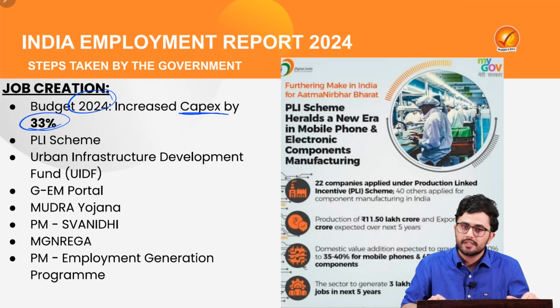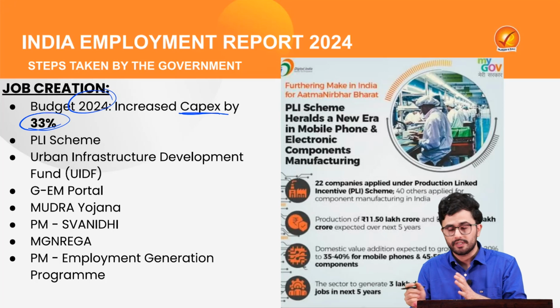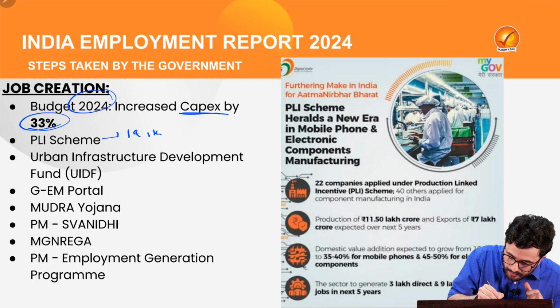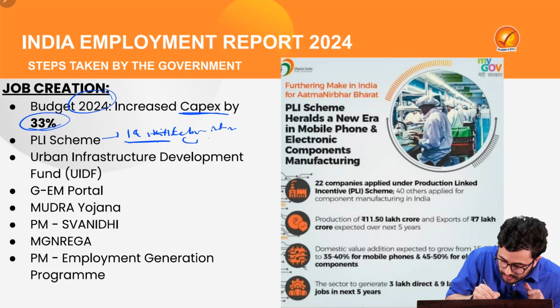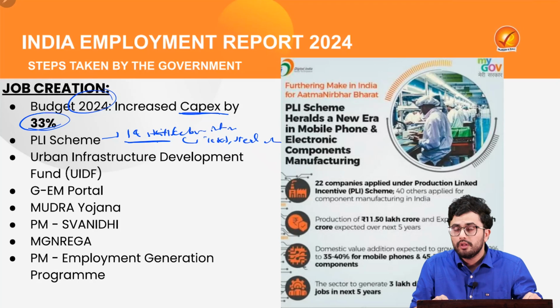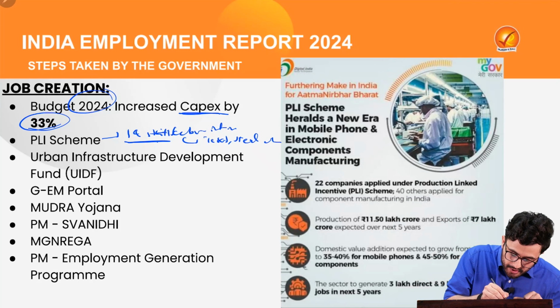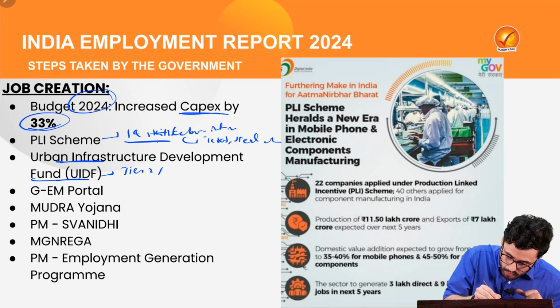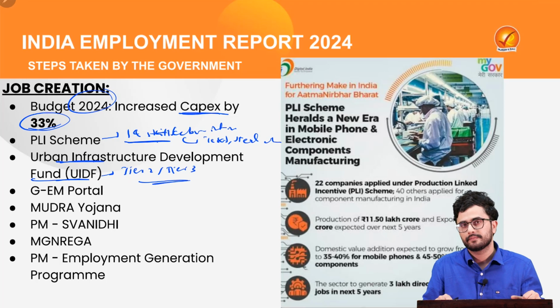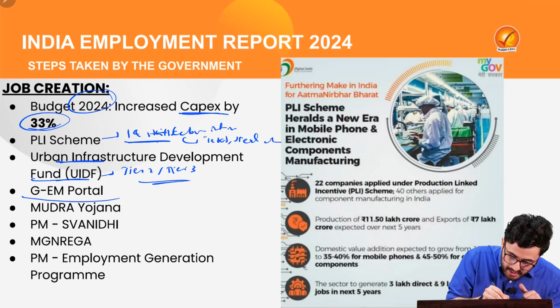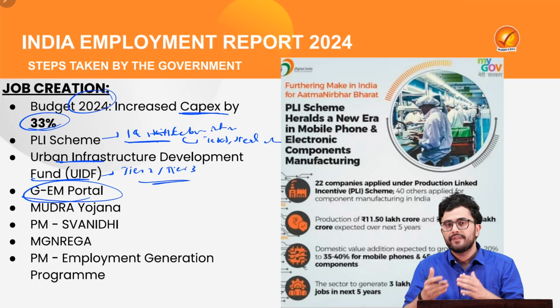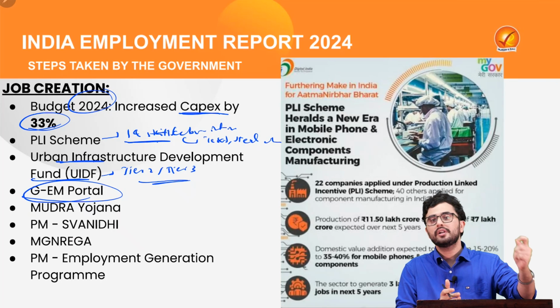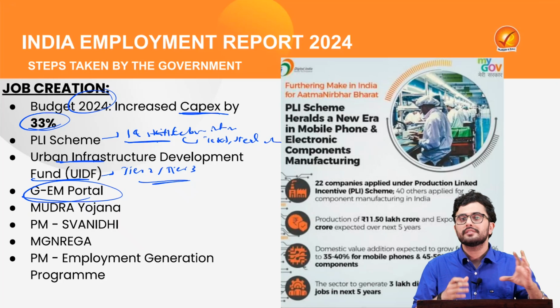At the same time, there is the production linked incentive scheme, which provides for employment in 14 labor intensive sectors such as textiles, steel, etc. Also, the government has launched the Urban Infrastructure Development Fund for the creation of infrastructure in Tier 2 and Tier 3 cities. Then there is the Government Procurement Portal, where the government procures local products from local artisans and tribal peoples.